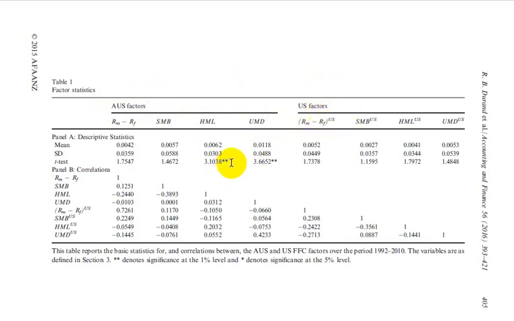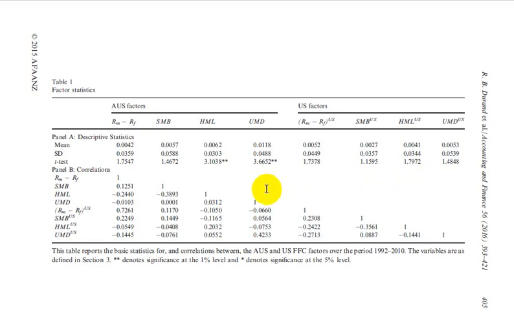And we see from the t-statistics here that the Australian value and momentum factors were the ones that were most significant at the 1% level. And since there's no asterisks over here, we can say the U.S. factors didn't have any statistically significant influence on the Australian returns.